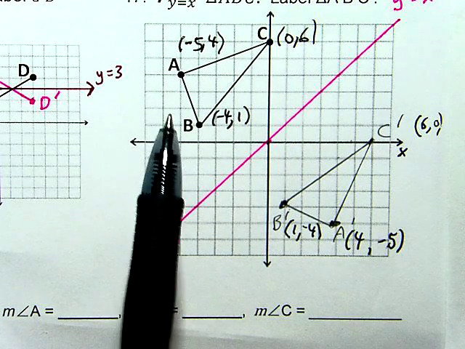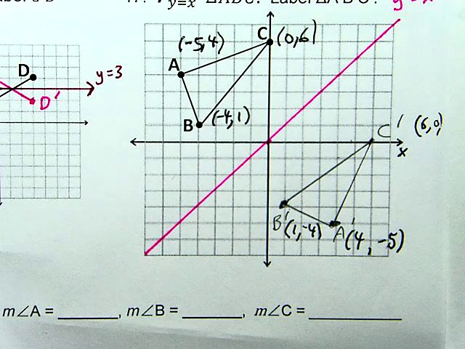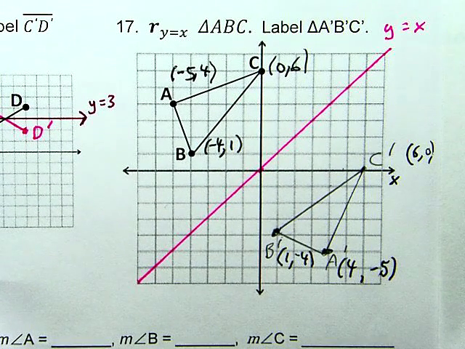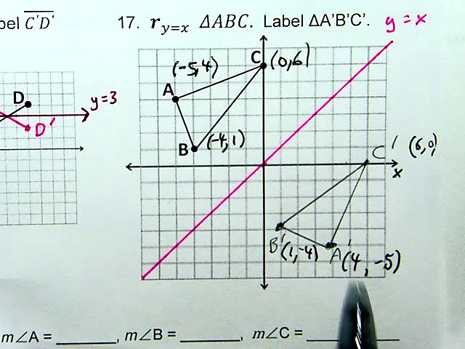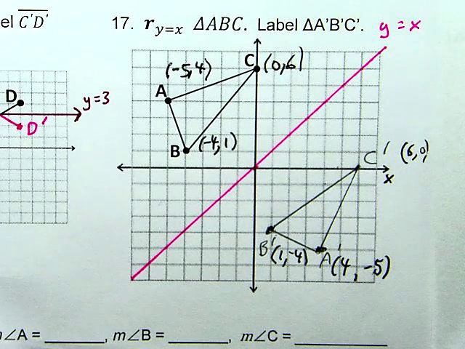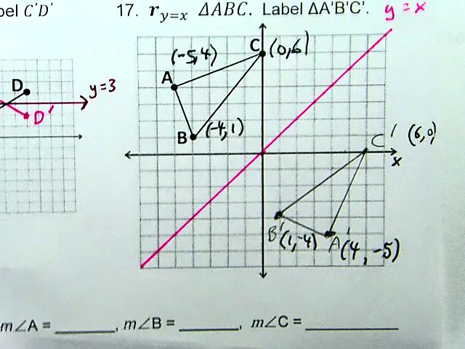So in all cases, when the points were reflected over the line y equals x, the resulting image ended up having the same coordinates, but switched in order. So negative 5, 4 became 4, negative 5, etc. And in general, this is always going to be the case. So we can write that as a little bit of a rule.